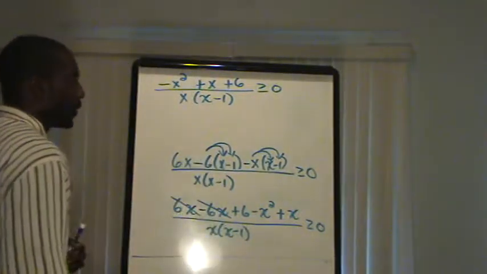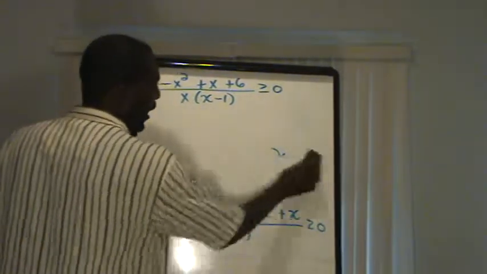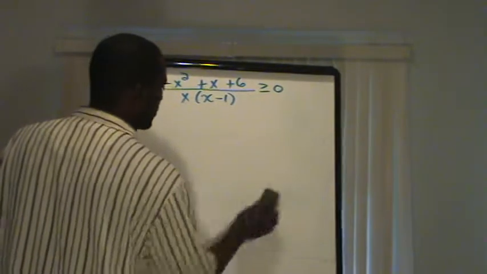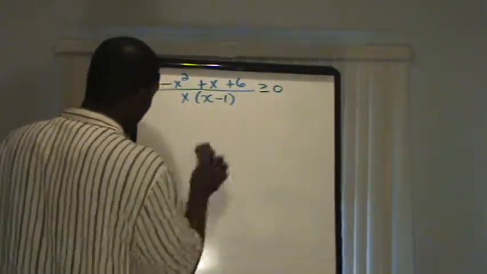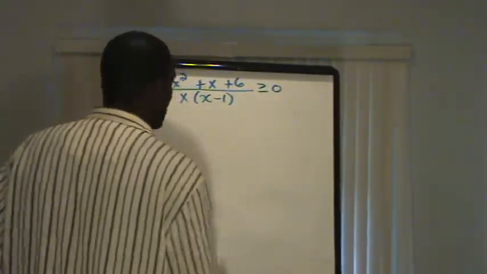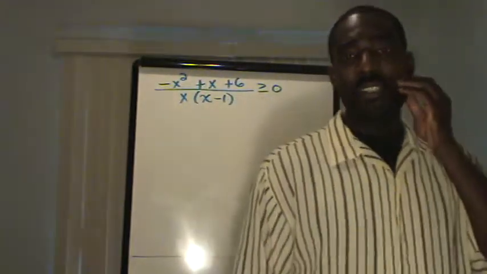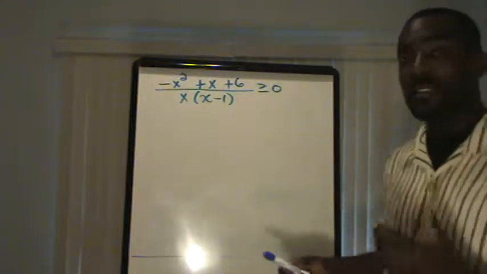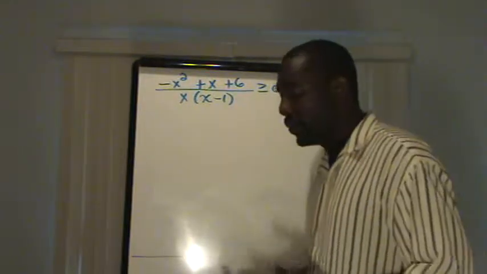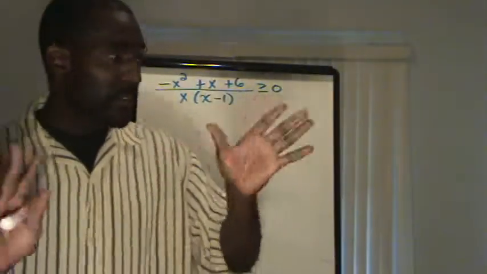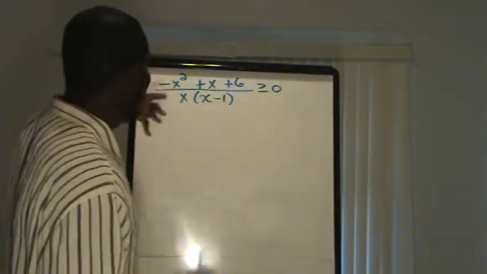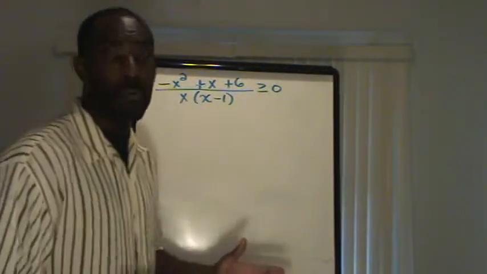So two more algebra steps here and we'll actually be finished with the problem to get our test points. Now, one thing that you'll notice is that we haven't looked at an example where our leading coefficient was actually negative, as it is in this case, a negative 1. So all we want to do to fix that is factor out a negative 1 in the numerator.